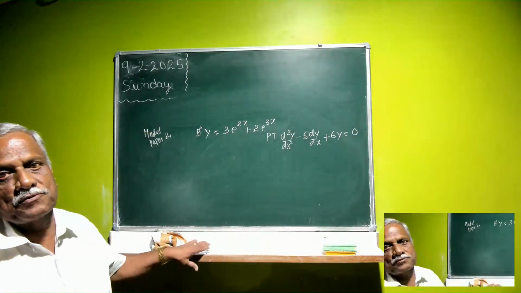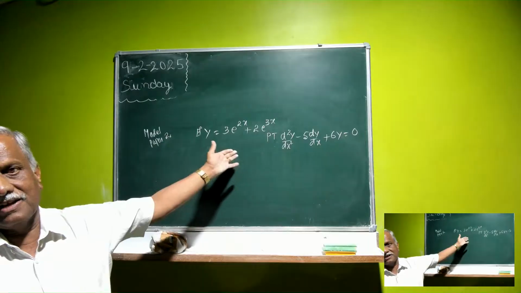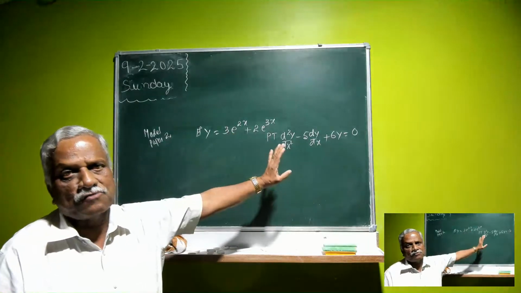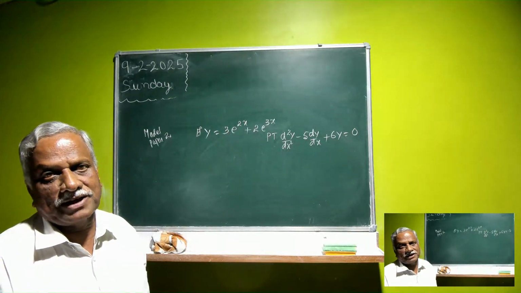Normally they ask this type of question for 5 marks, but here they have asked for 3 because it's very simple. It doesn't deserve 5 marks, but they have asked it a number of times also.